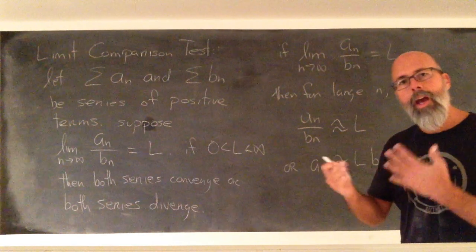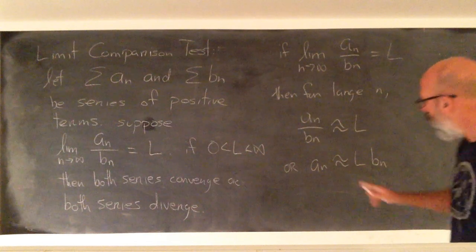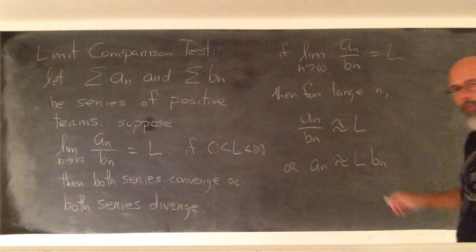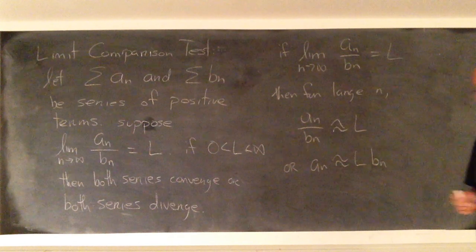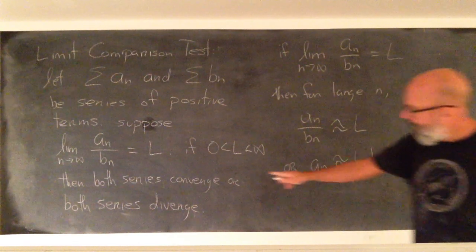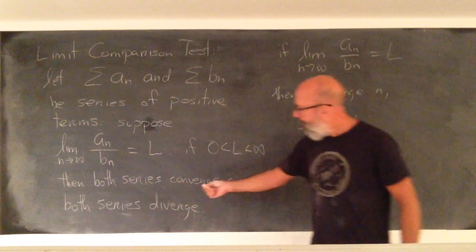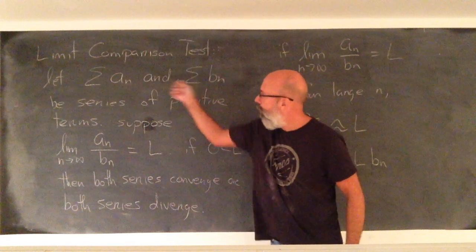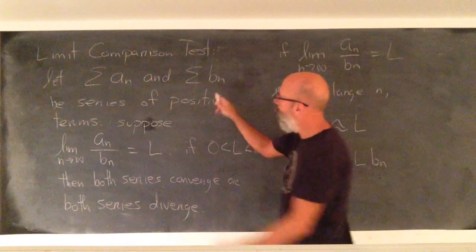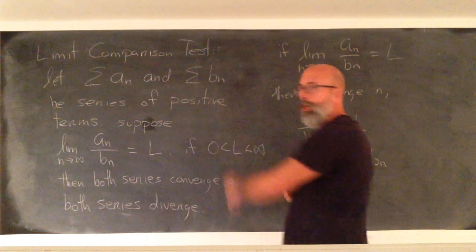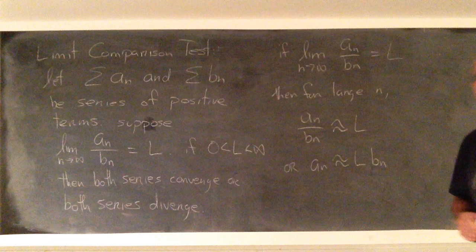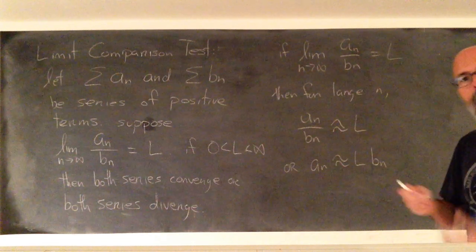So you see you have this relationship between a and b. The a's and the b's kind of behave in the same way. And that's what the conclusion is saying. Both series will converge or both series will diverge. This series is pretty much L times this one. So they behave in the same way.